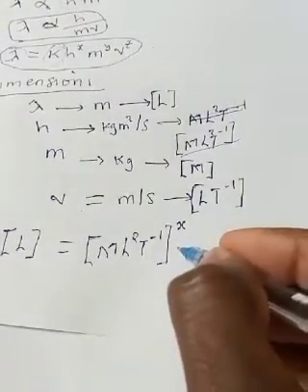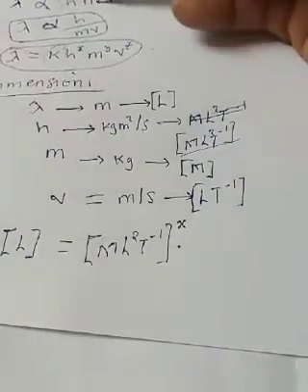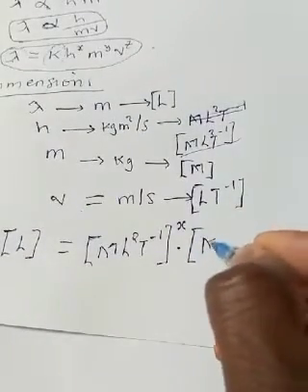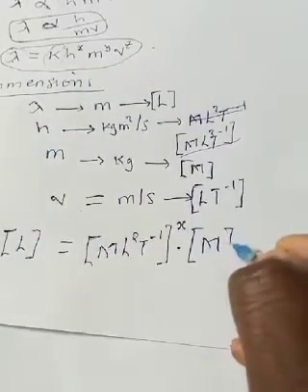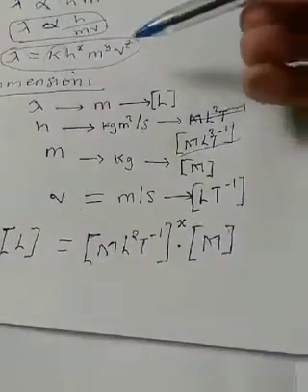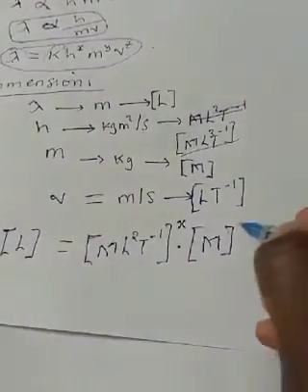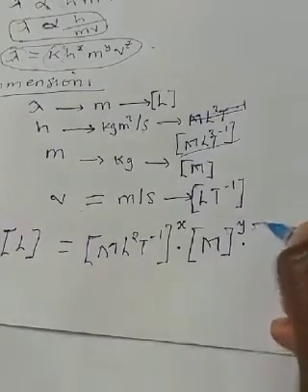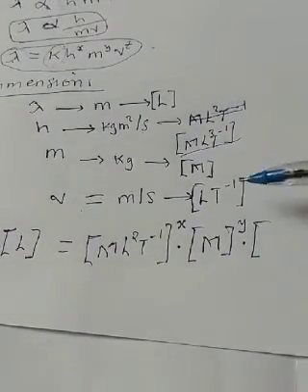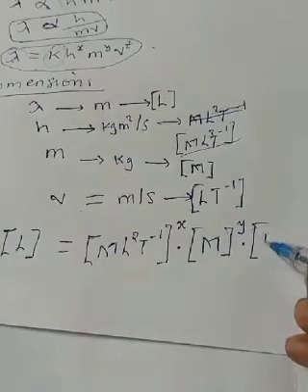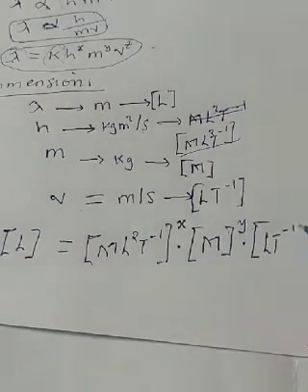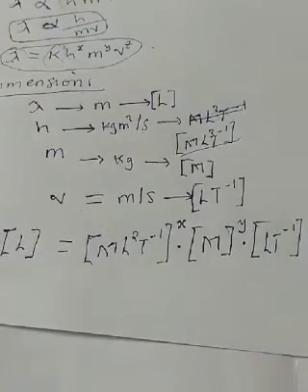Then you multiply, you can just put a dot, you go to mass, the dimensions for mass is supposed to be m, you close, then it is raised to power y, like this. And you say dot, dimensions for what? For velocity is L t power -1. It is raised to power what? Z, if I'm not mistaken.